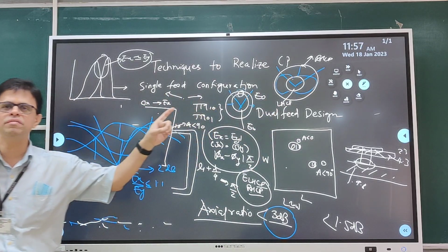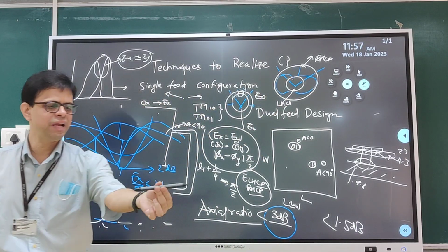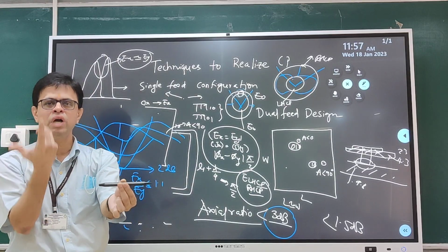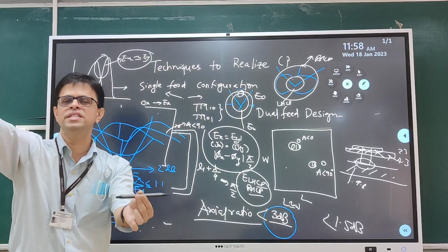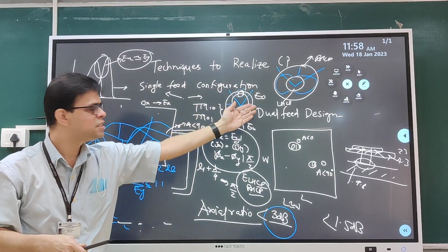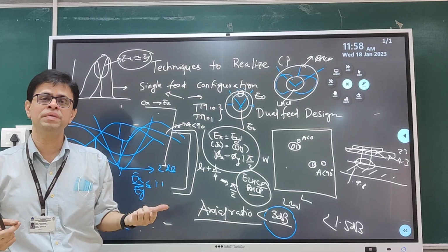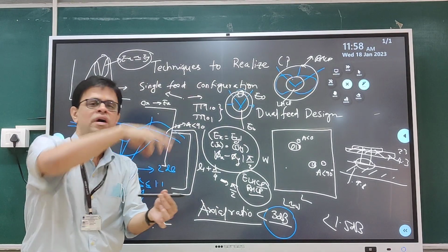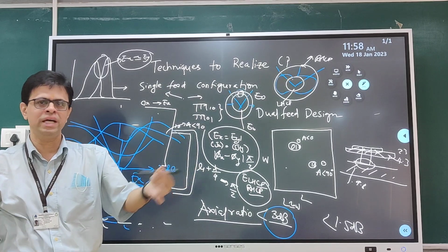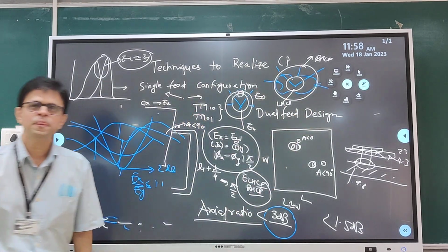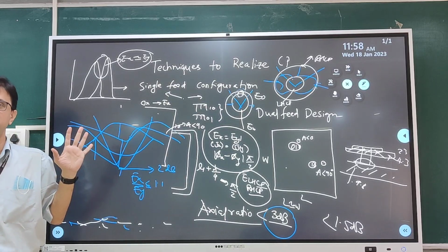So what is the advantage of this? If you just place your antenna like this, your CP is realized in this direction. But if you have a wide beam CP, even in this direction, co-polarization and cross-polarization, or RHCP and LHCP, are meeting the requirement for CP radiation. So in this direction also, away from the broadside, or maybe in the end-fire direction, you will realize CP radiation.